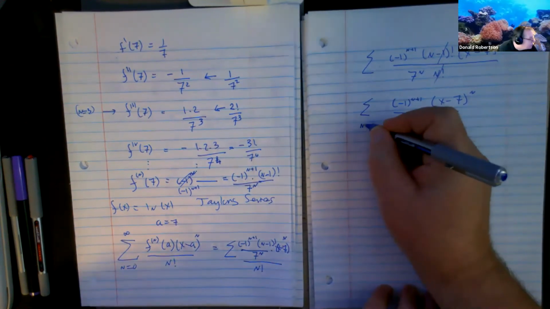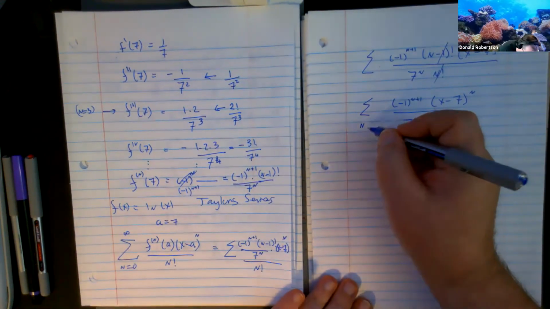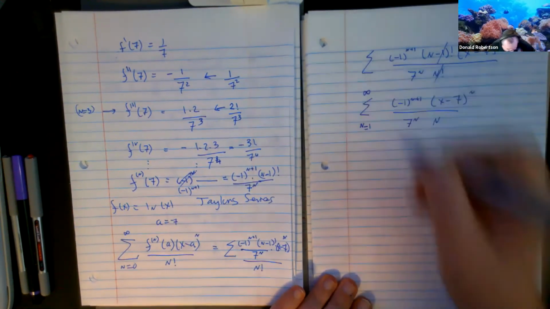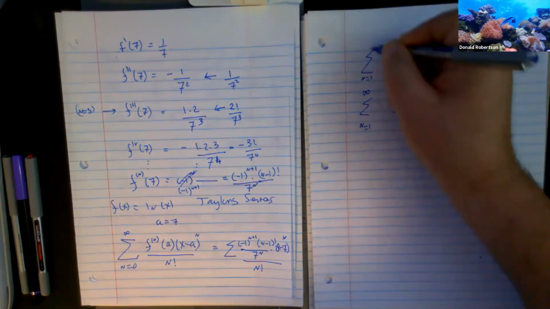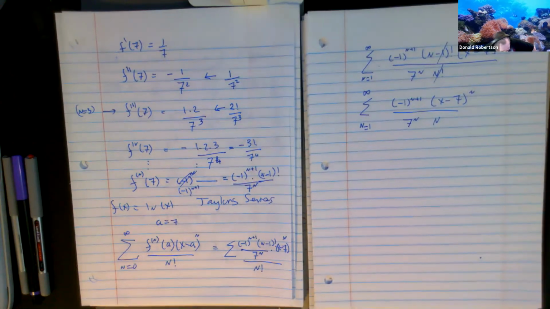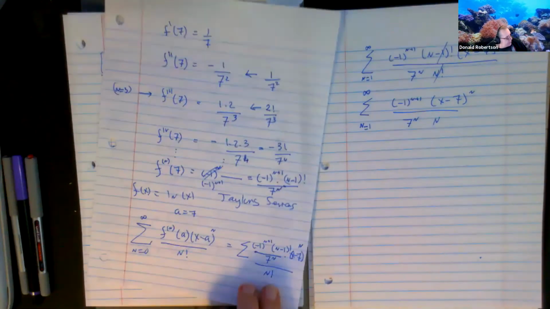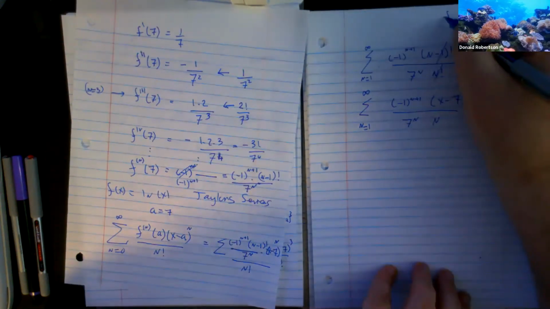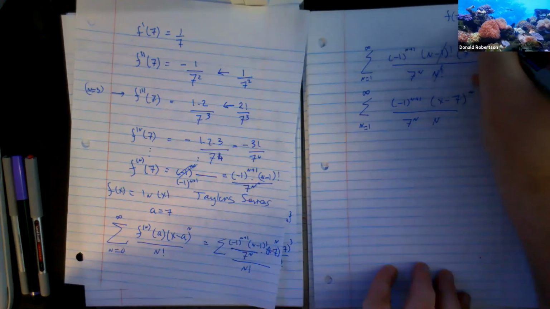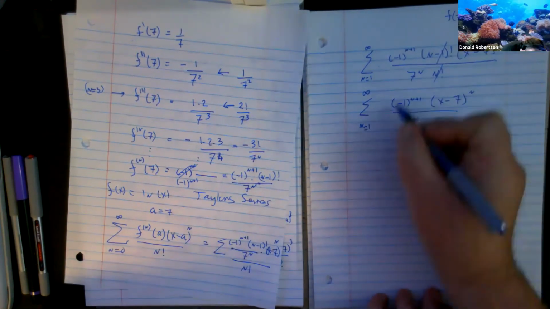And then I am going to just go n equals 1 to infinity. And you might say, why am I not doing 0? Wasn't the original function at 7 the log of 7? That doesn't fit the pattern.